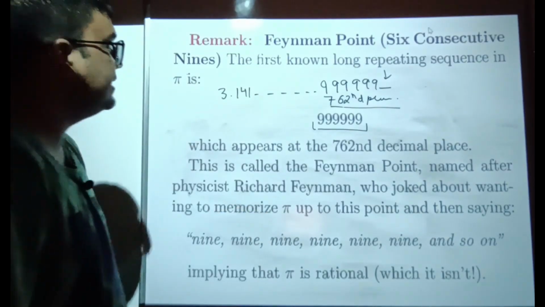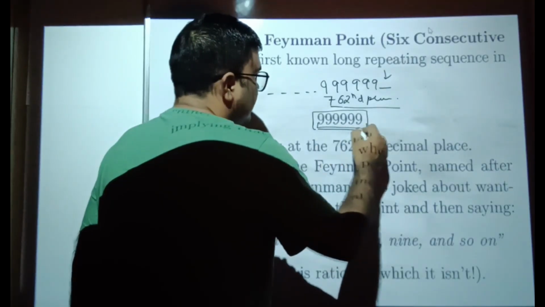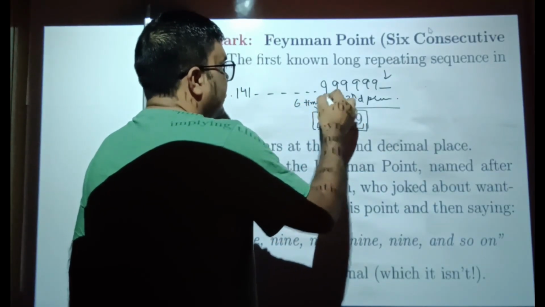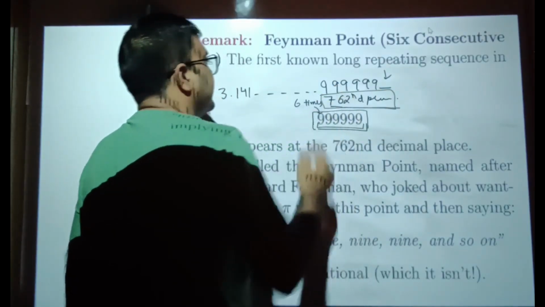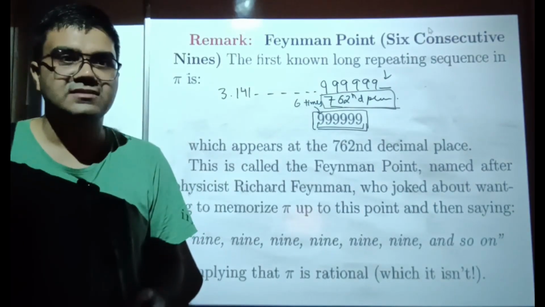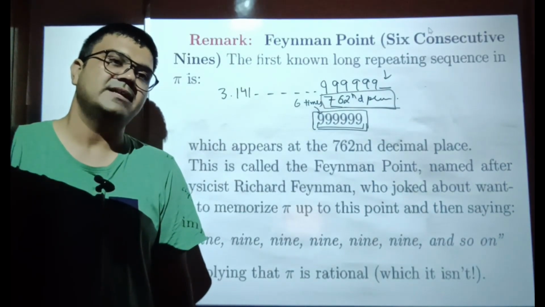So this is an interesting pattern in the value of pi, that this 9 is repeated 6 times at the 762nd place, but still pi has a non-terminating and non-repeating decimal representation.